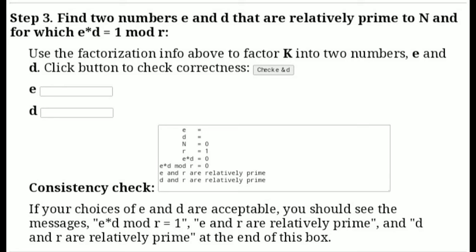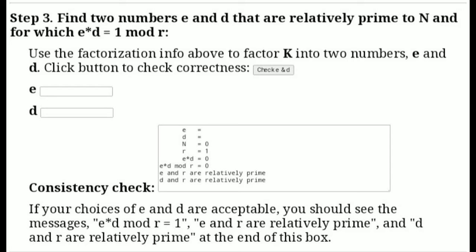So the consistency check is: E times D mod R is equal to 1, E and R are relatively prime, D and R are relatively prime.